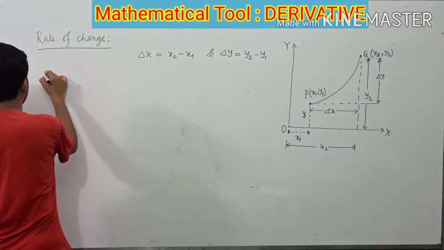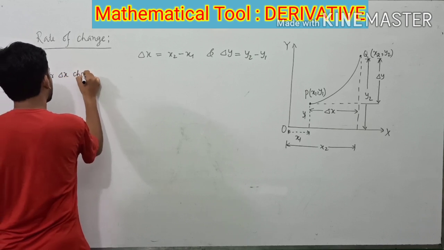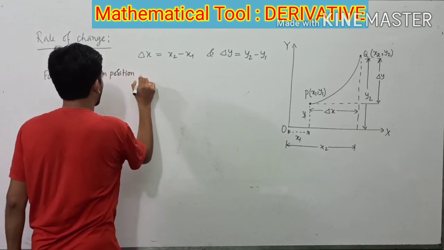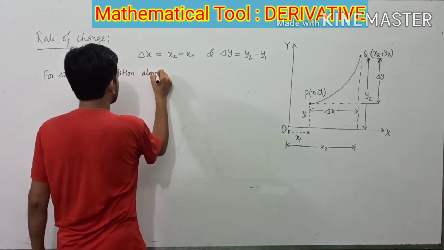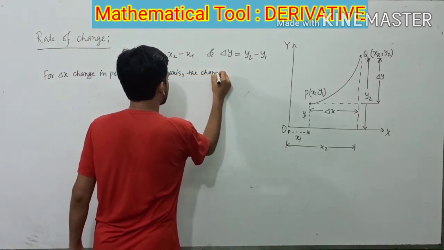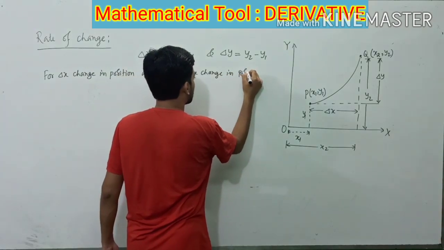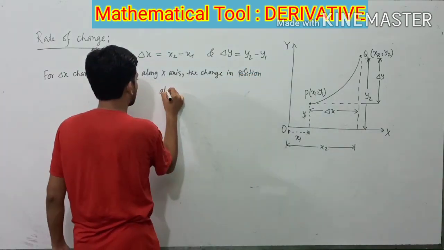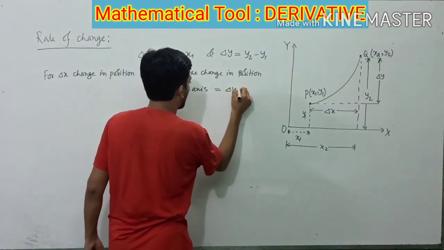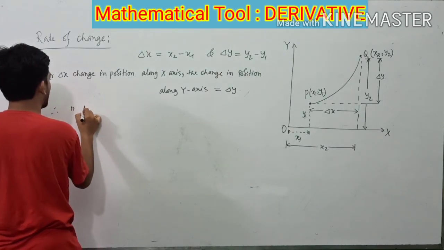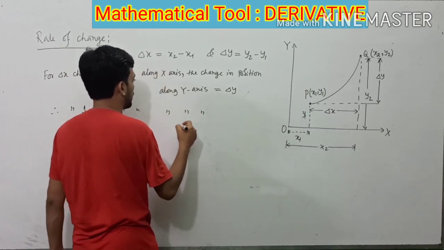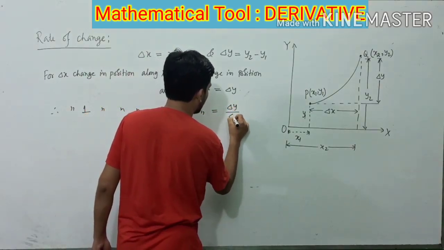Now we see that for del x, change in position of the body along x-axis, the change in position along y-axis becomes del y. Therefore, for unit change in position along x-axis, the change along y-axis will be del y by del x.